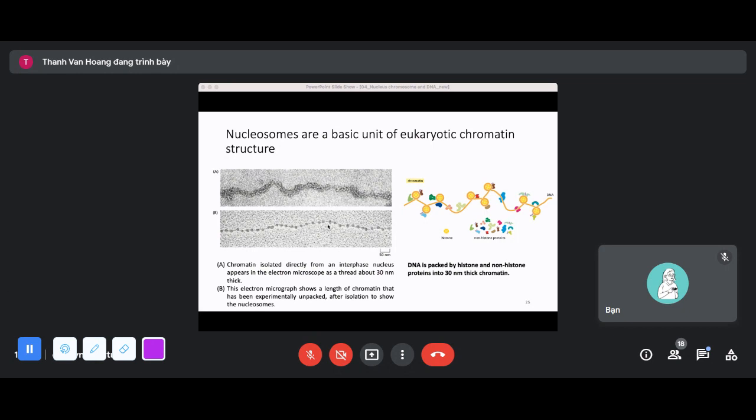Okay, this structure has a diameter of 10. So after that, when people separated DNA and protein here, they discovered that these small beads here are made of histone. And they know that histone and non-histone proteins both interact with DNA to make the chromatin structure.